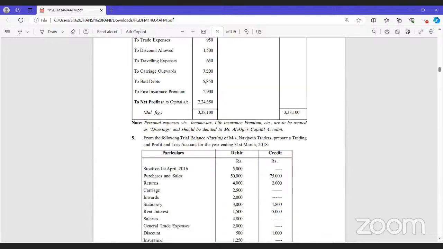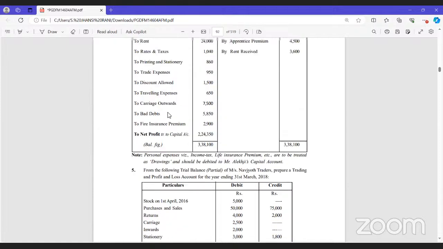You can just look, income tax and life insurance premium are to be treated as drawings. So this will be deducted from the capital directly. It is not an expenditure because actually it is not related to the business, that is related to the owner. Owner means the owner has brought what? Owner has brought capital into the business.